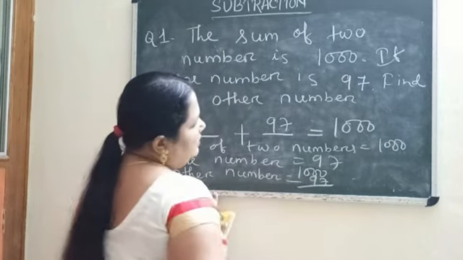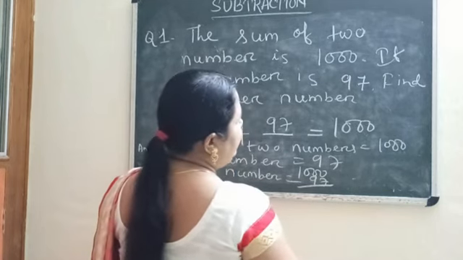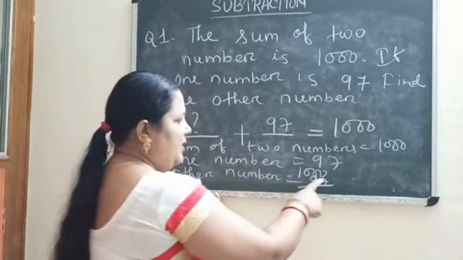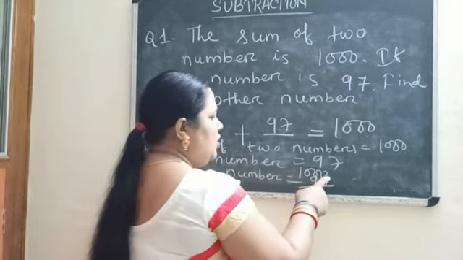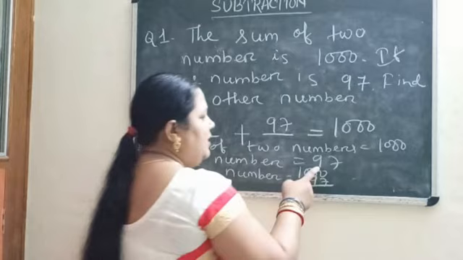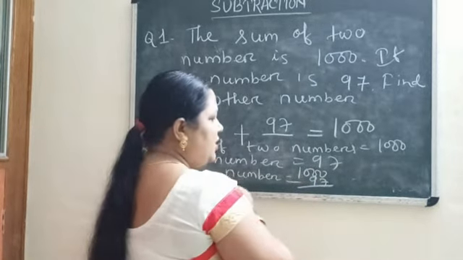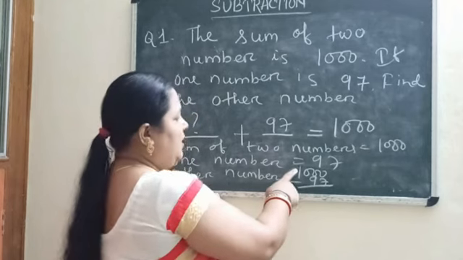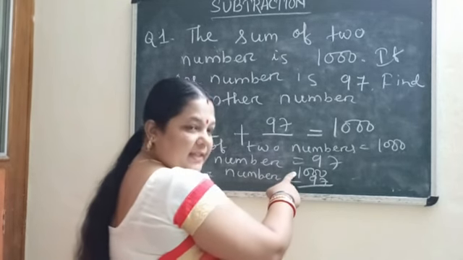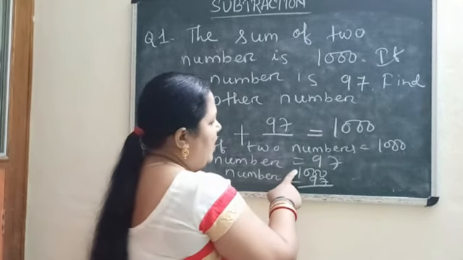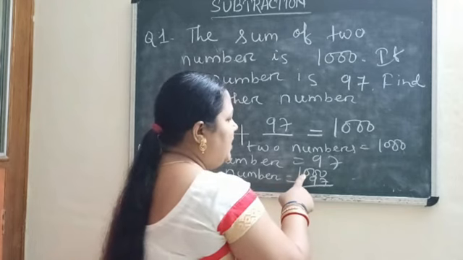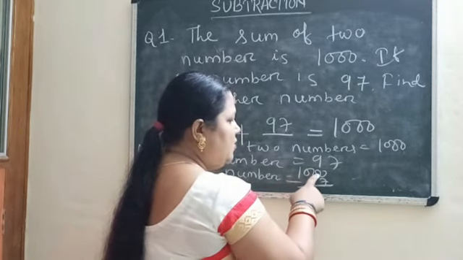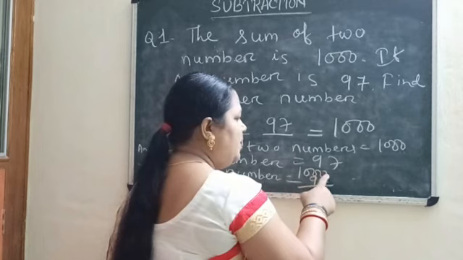So here 1000 minus 97. How do you subtract? Here is 0. 0 minus 7 we cannot subtract. Here also 0, here also 0. Then 1 is here. So what to do? You will borrow from this place. This place means 1 will come to here. Then again you will borrow from here to here. Then again you will borrow from here to here.